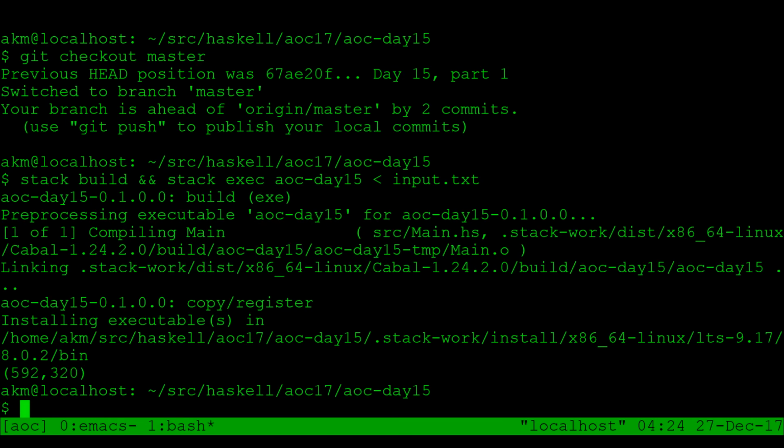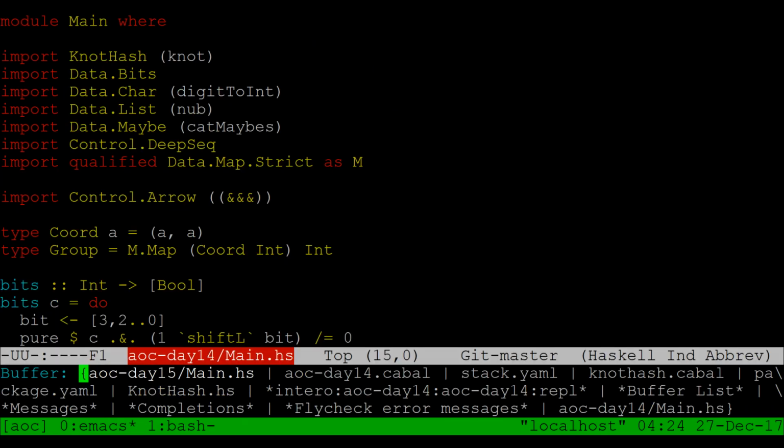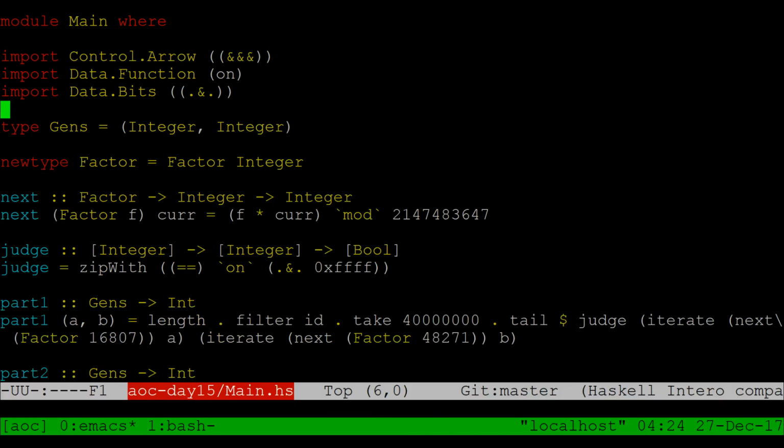The newtype is more extreme, more rigorous. It introduces two incompatible types. It makes Factor a type that is incompatible with Integer, whereas before a coordinate was compatible with this tuple. And in order to convert, you have to explicitly convert, which means it's easier to make sure you understand where the conversion points are between the code where this is labeled as a factor and where it's just treated as an integer.